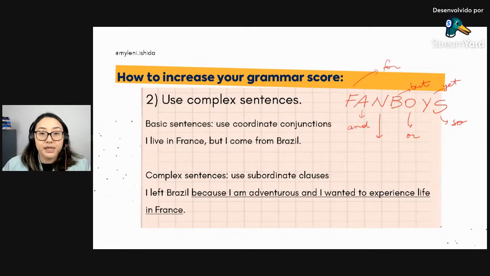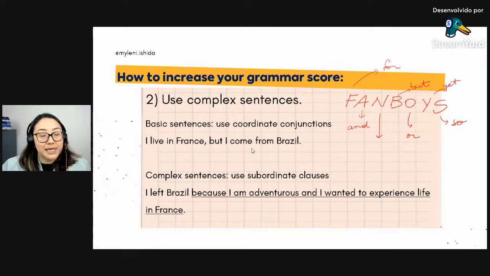But when we use for and but or yet and so, these are coordinating conjunctions. They connect independent sentences. Take a look here. My example is: I live in France, but I come from Brazil.